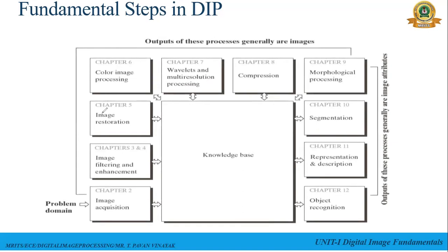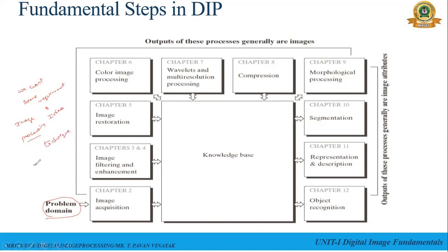In that, first we want the problem domain. What is the problem domain? We have some images and we have to process those images. To process the image, we want some requirements, and we need an idea about which technique we have to choose.